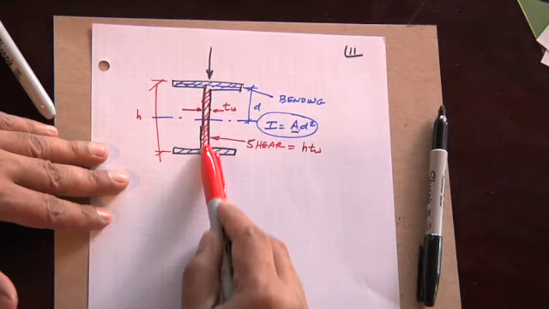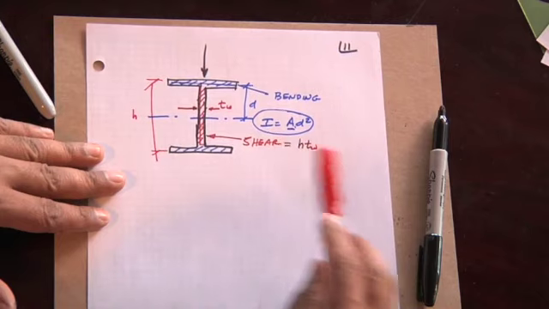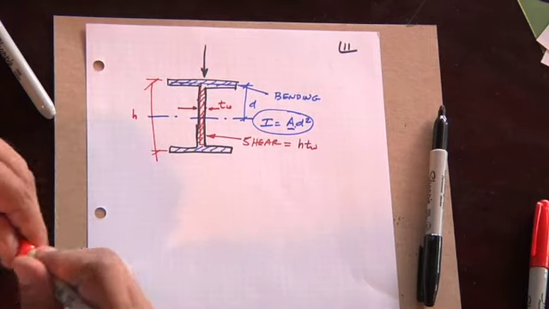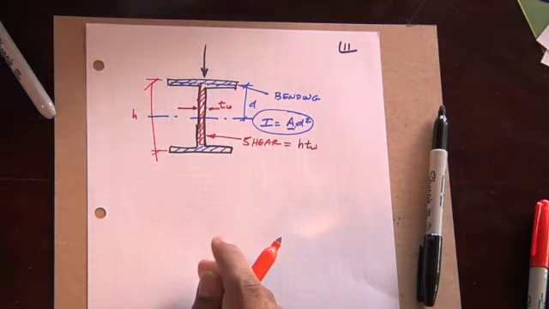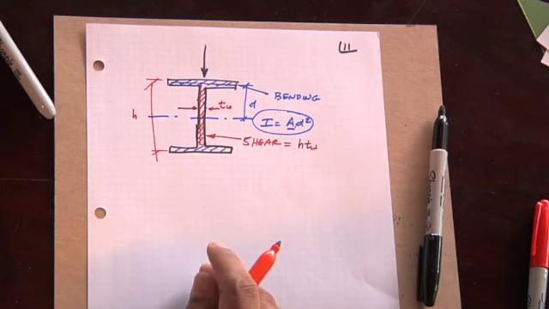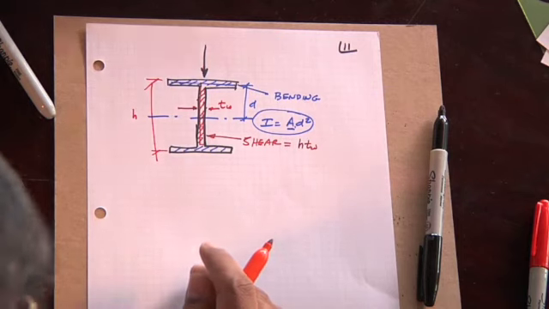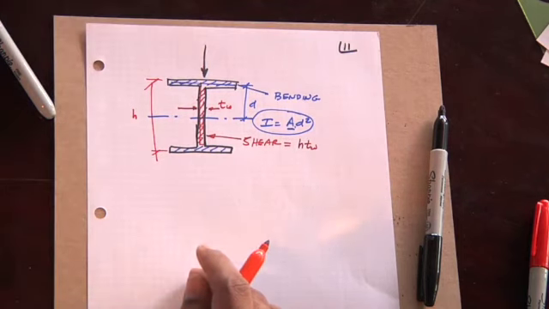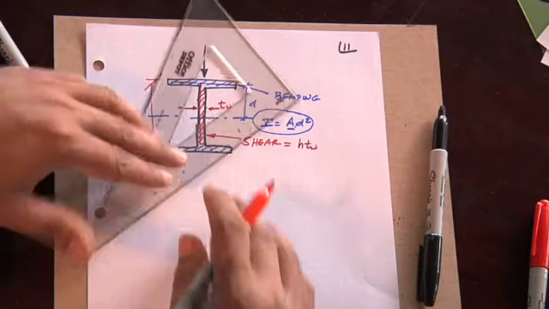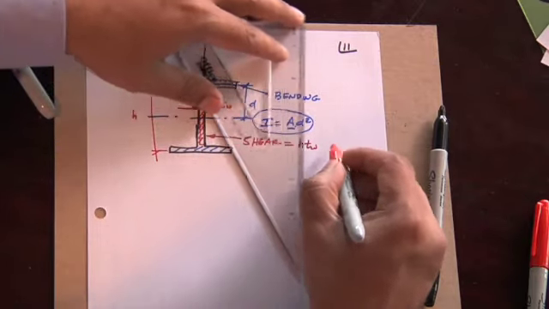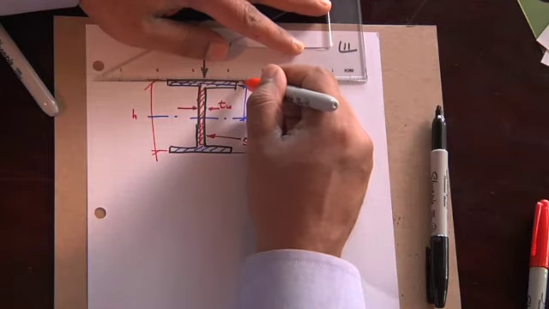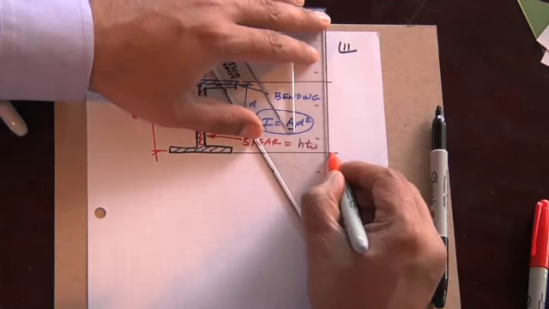And so the shear stress distribution on a wide flange section, which you can calculate or derive, looks like this. I'm going to go ahead and draw it on the same sketch here using orange.